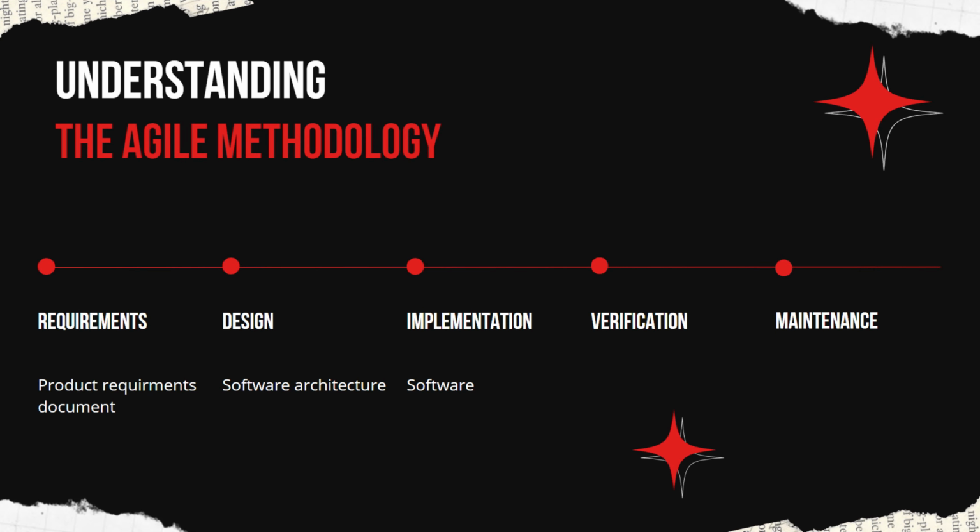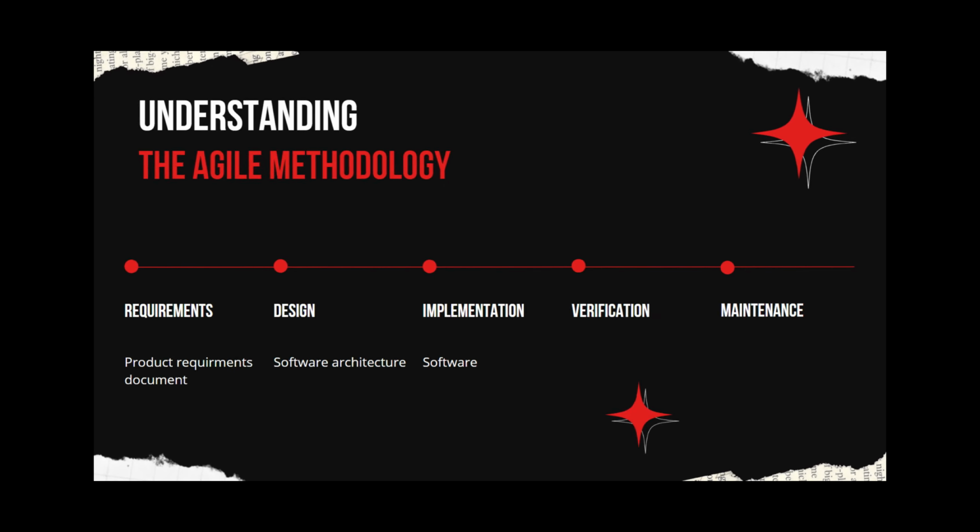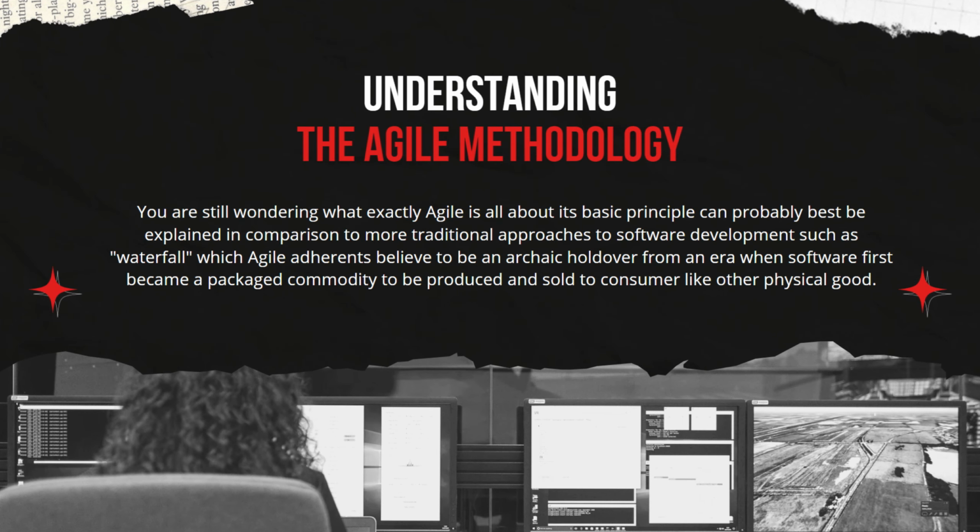Next, understanding the Agile methodology. One, requirement; two, design; three, implementation; four, verification; and the last one is maintenance. You may still be wondering what exactly Agile is all about.